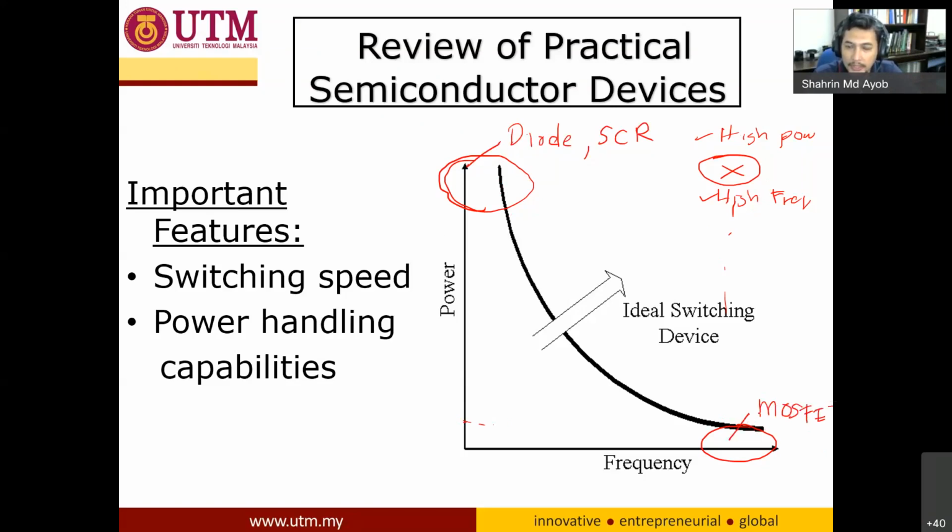This MOSFET can be switched at 1 megahertz or 100 megahertz, but it cannot handle high power, so it needs to be used in very low power applications. I hope you can understand this curve. This is the limitation of the real power switch.